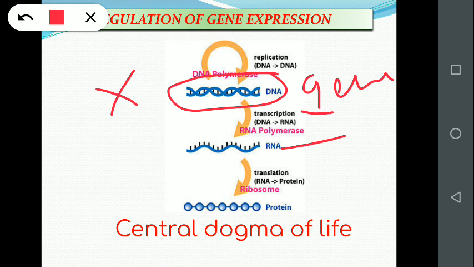Okay, same sequence, but the only difference is DNA contains thymidine, and in case of RNA we have uracil instead of that. Okay, only that difference is there, and mRNA is single stranded and DNA is double stranded.